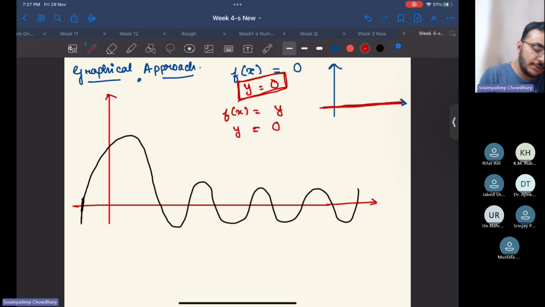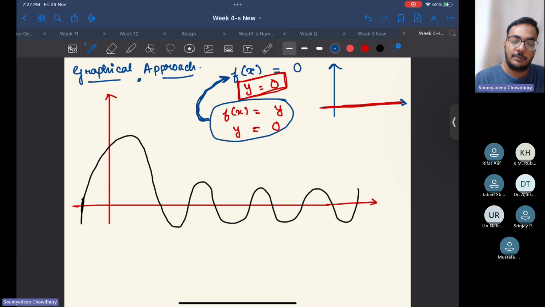When we combine these two equations, we get f(x) equals 0. So if we plot y equals the function, and y equals 0 separately, then if we find the intersection points of these two plots, we can get the actual solution.